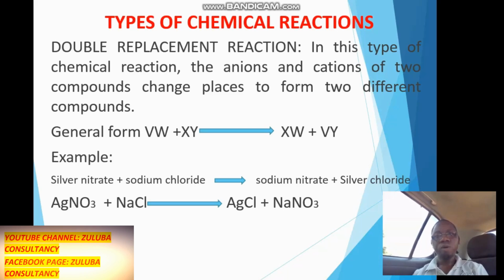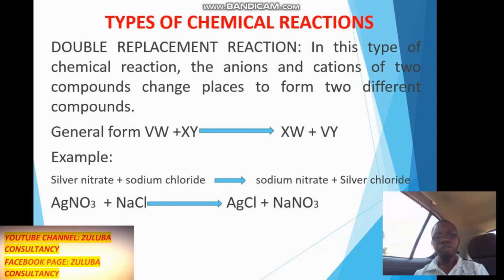Now, if a double replacement reaction is taking place, we note from the products that X gets W while V gets Y. So the cation and the anion of the reactants have been exchanged when we look at the products.